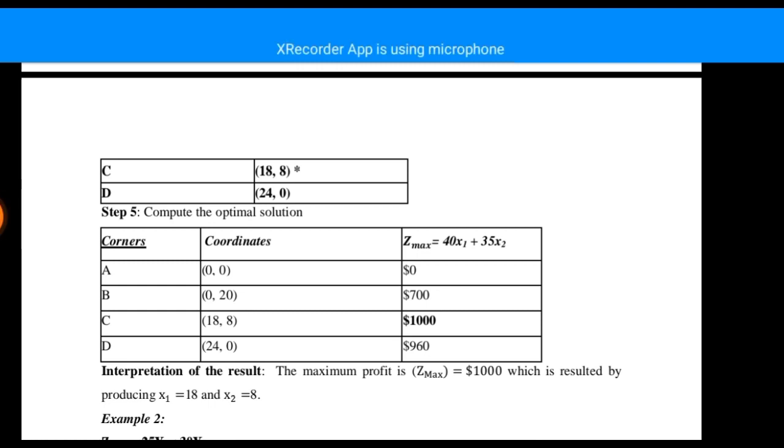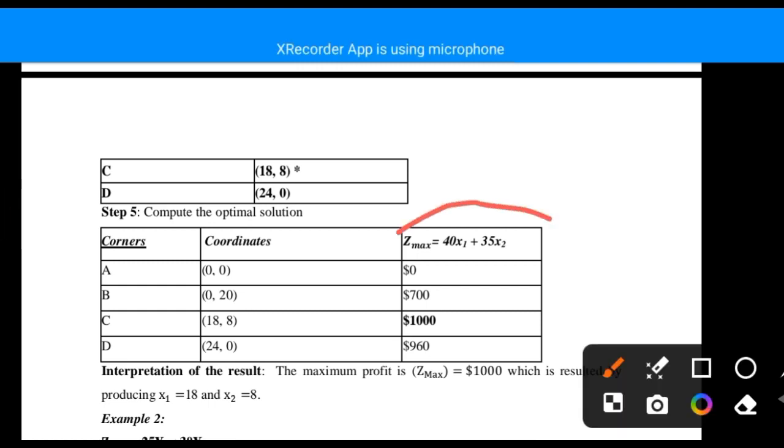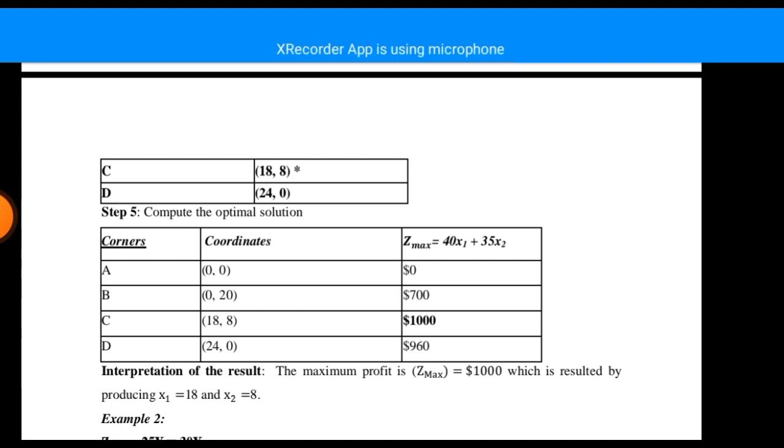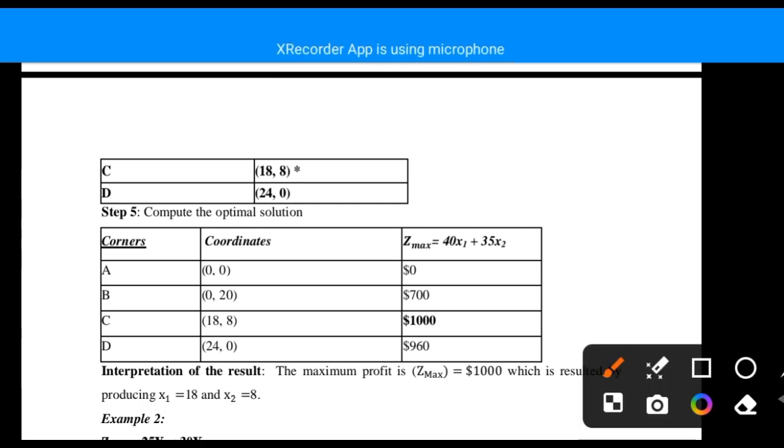We substitute the corner points into the maximize function and compute. 40 times 0 plus 35 times 0 is equal to 0. And 40 times 0 plus 20 times 35 is 700.